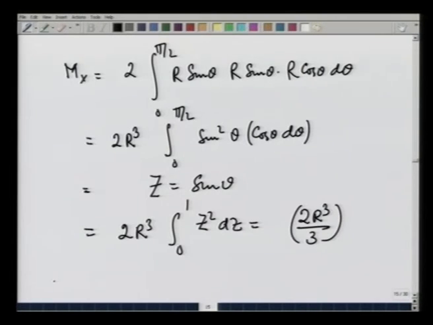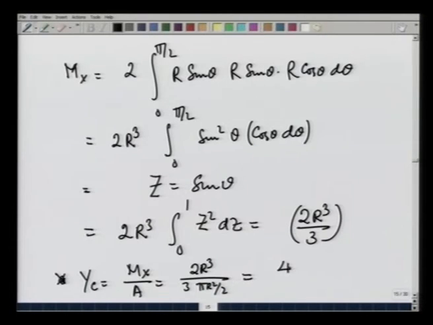That is m x, and therefore, y centroid, which is m x divided by the total area, is going to be equal to 2 r cubed over 3 divided by pi r square by 2, which is nothing but 4 r over 3 pi.